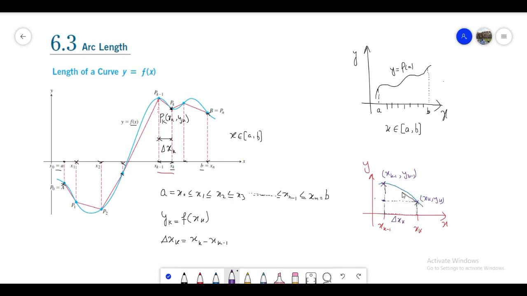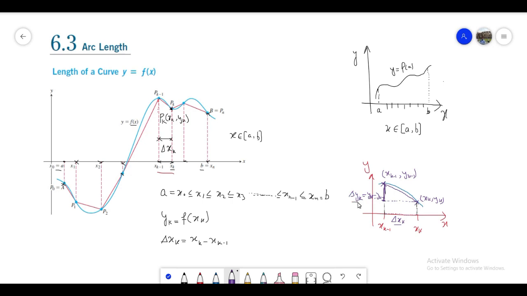For this you can also have the straight line segment from here to here, and of course this distance is, maybe I can write, delta yk, which is yk minus yk minus 1. So this is the distance of the y, and this is the distance for the x. All together we have computed both delta xk and delta yk.